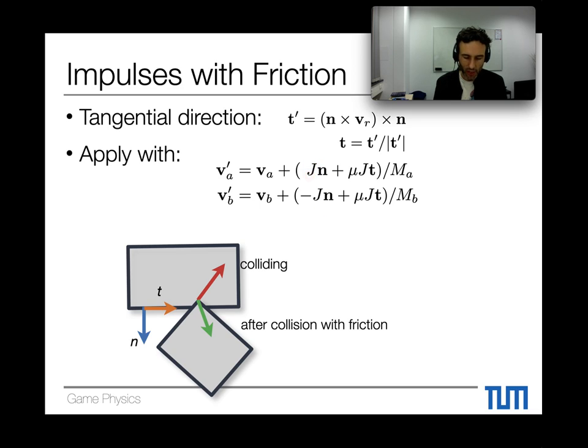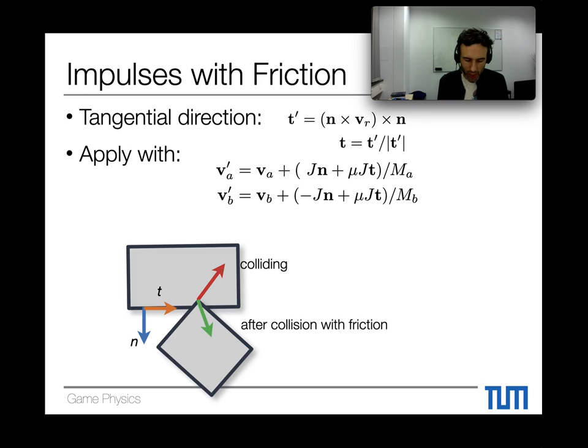So this was the original part for the linear velocities, and now we're adding a friction part with some material parameter mu that needs to encapsulate the material of both of these objects participating. And when applying the impulse, we are pushing it a bit along this tangential direction.